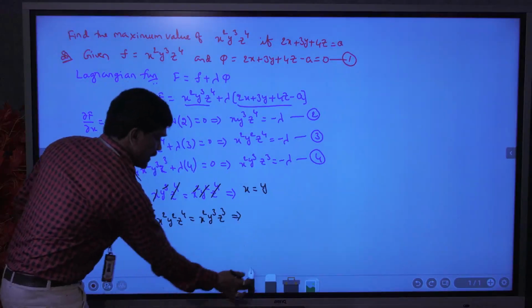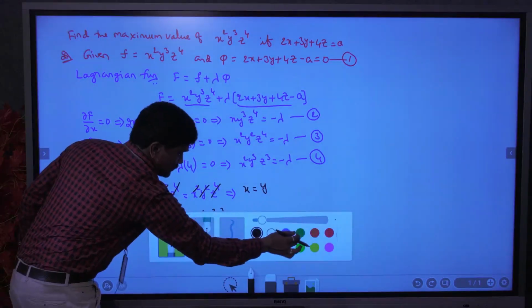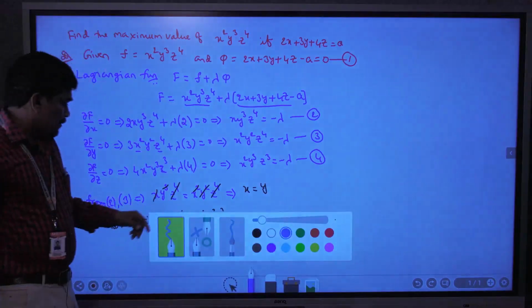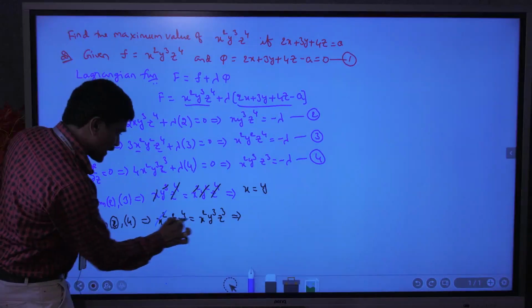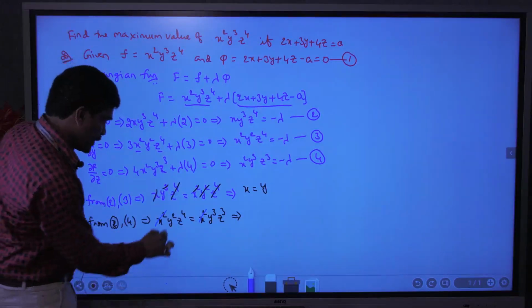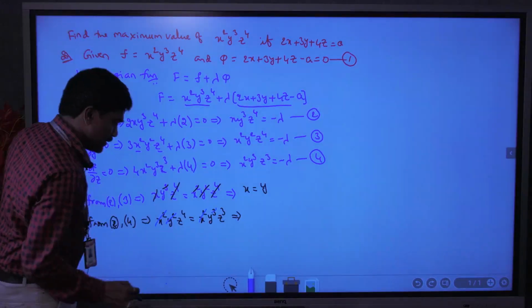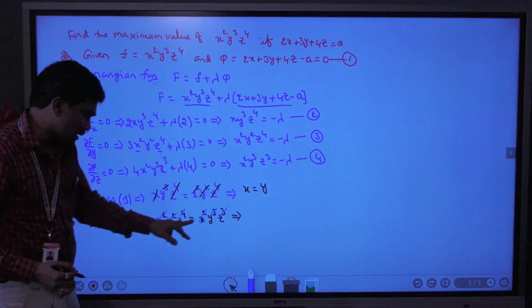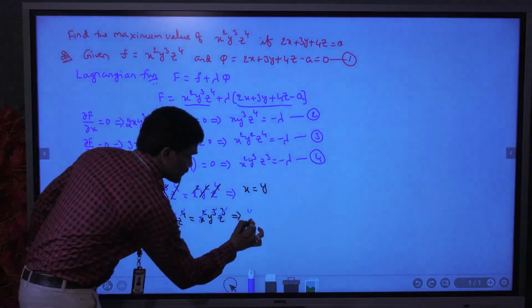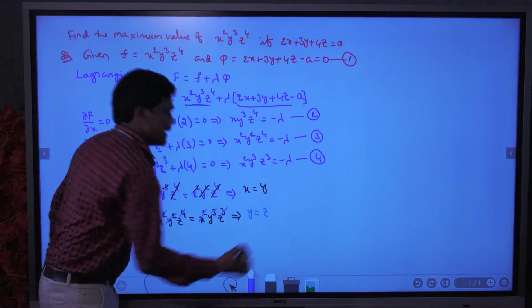Now on both sides x square cancels, y square cancels, and z cube cancels. So we have only y here and z here. This gives y is equal to z.